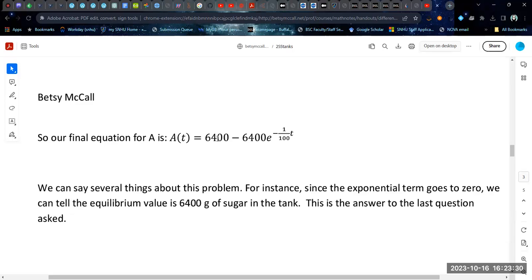Since the equilibrium is 6,400, 95% of that would be 6,080. And then you could set A of T equal to that and then solve for time. So essentially, how long does it take to get that close to equilibrium? Because of course, you're never going to get exactly to equilibrium unless you start exactly there.